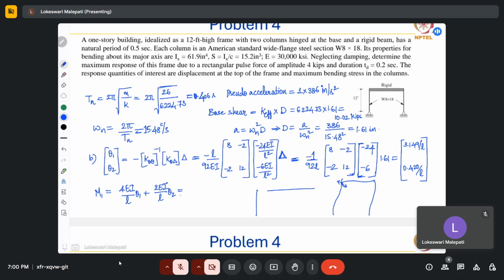So we can substitute for theta 1 and theta 2 as well as other quantities. So we have EI by L for theta 1 is 3.149 by L plus 0.40 by L multiplied by 2.